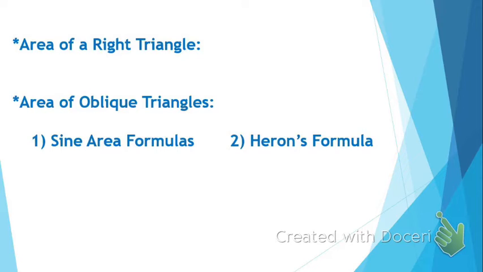So the first one is the area of a right triangle. This is the one you learned way back in middle school: 1/2 base times height. The thing to keep in mind though is that the height of a triangle, and you can use this for all triangles, not just right triangles.